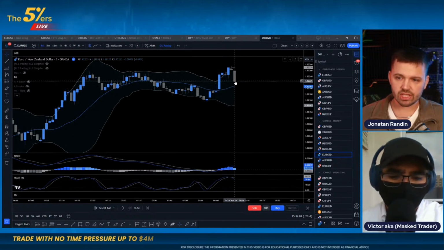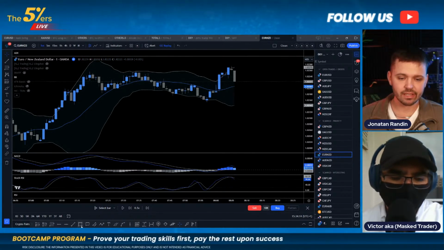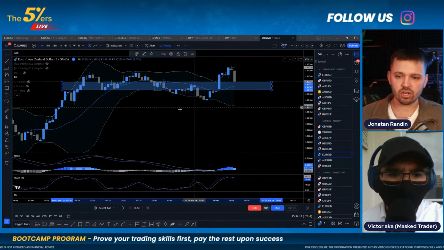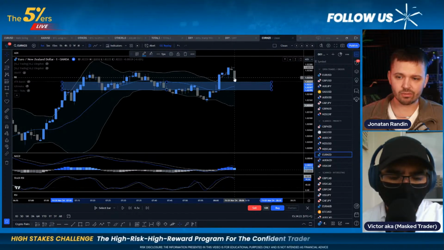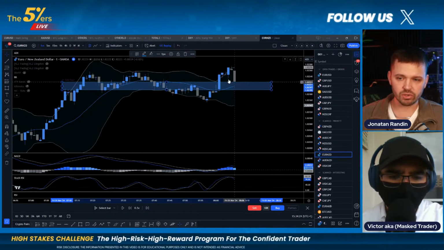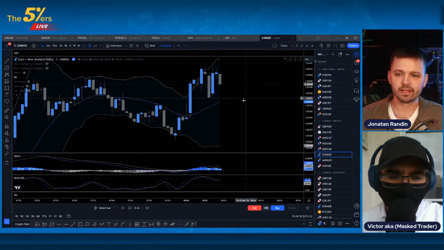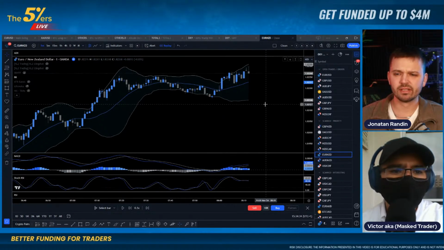You obviously probably don't want to enter here because it feels like a big portion of the move has already happened. We want to see if we can ride it down to the lows, and I feel like a big part of this move has already happened. So we want to see if we can perhaps get a better entry.